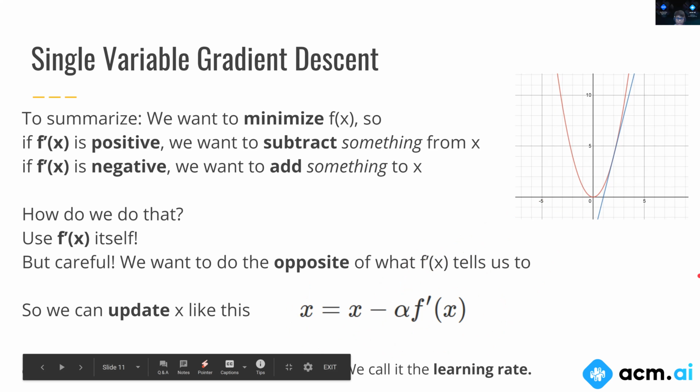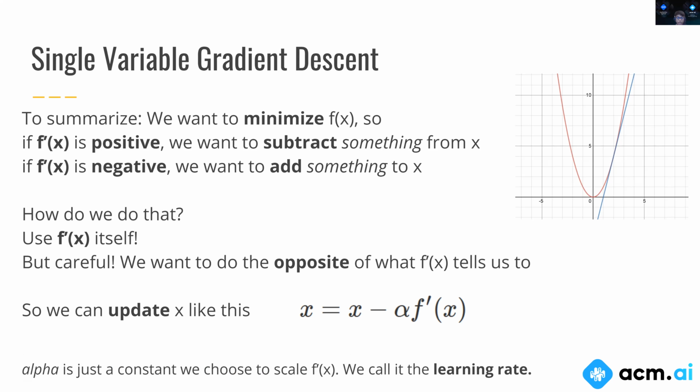Now, this alpha that you see over here is just a constant that we choose. It's a constant used to scale how much we update the value of x, and it's called the learning rate. Now, the reason it's important is, say I was at this point, really close to my solution, and x was like 0.1. But suppose f prime of x was 10,000 at this point.